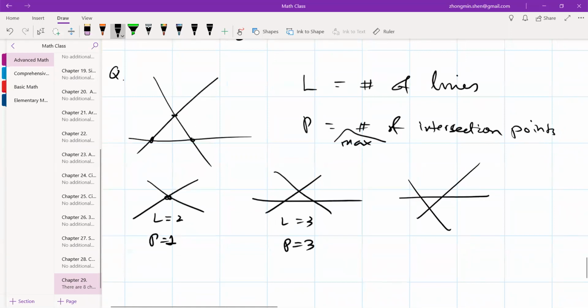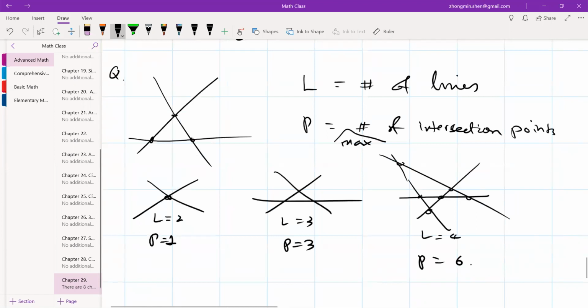Well, how can I draw the other one? It's complicated, right? So when L equals 4, P is going to be 1, 2, 3, 4, 5, 6. So L is increased by 1, but P is increased much faster.